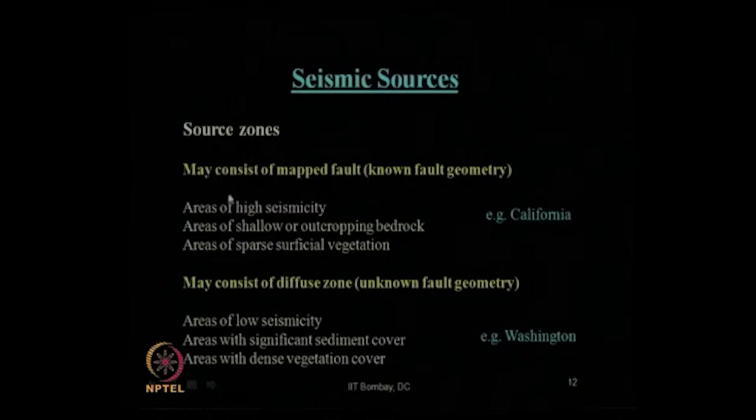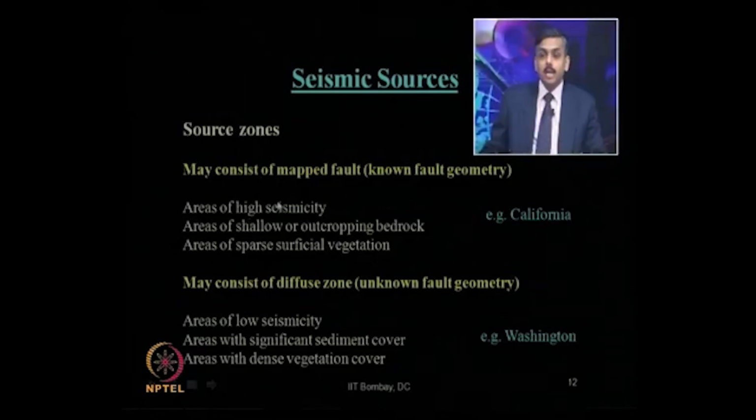source zones may consist of a mapped fault, which is known from your fault geometry, like areas of high seismicity, where for a particular area you have a fault which is already mapped, that is, you know the fault geometry completely. Depending on area of high seismicity, area of shallow or outcropping bedrock, because if the bedrock outcrops, it means that bedrock comes open to the ground surface, that is called outcropping of the bedrock.